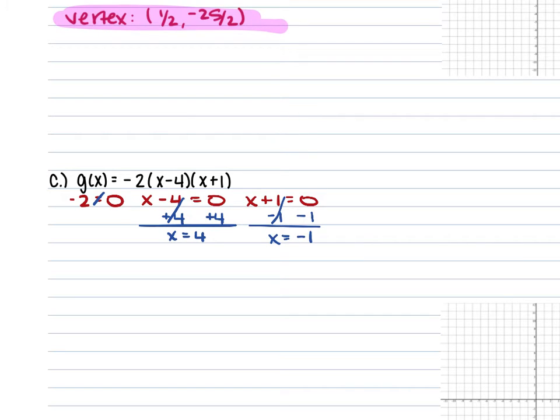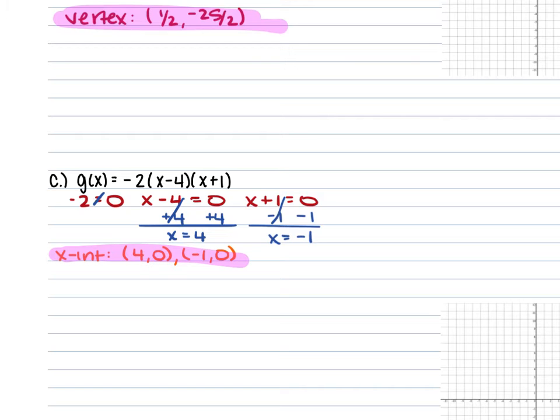So to find your axis of symmetry, write down your x-intercepts. You have 4, 0 and negative 1, 0. From here, find your axis of symmetry.